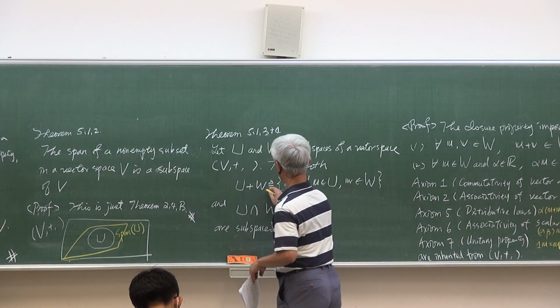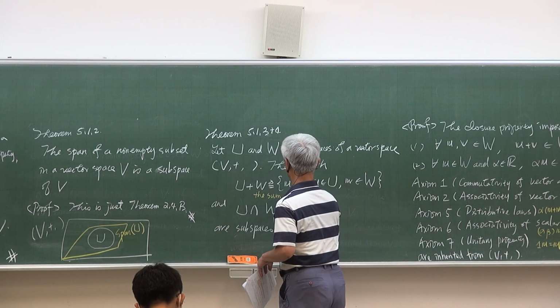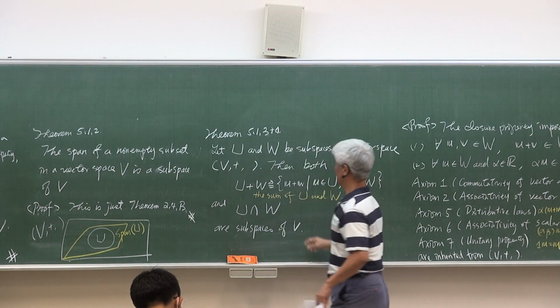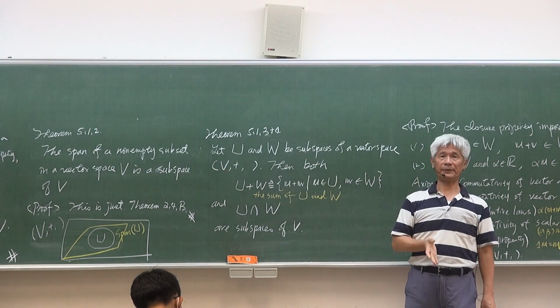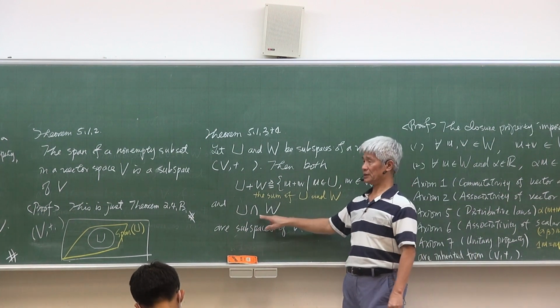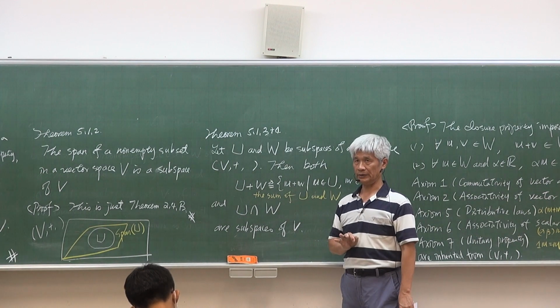Now, U plus W is called the sum of U and W. So the sum of two subspaces is again a subspace. The intersection of two subspaces is again a subspace of V.